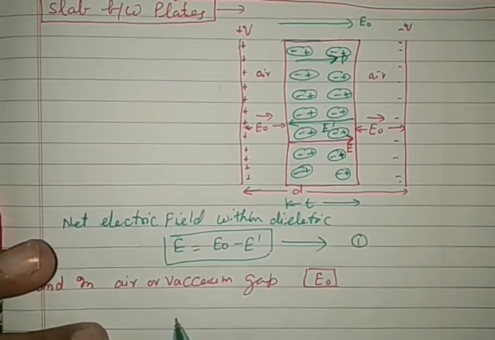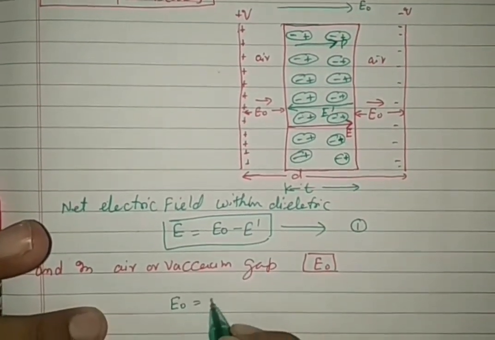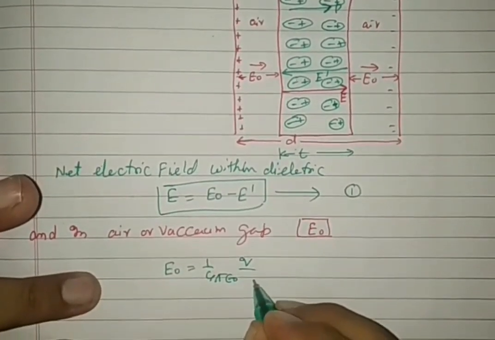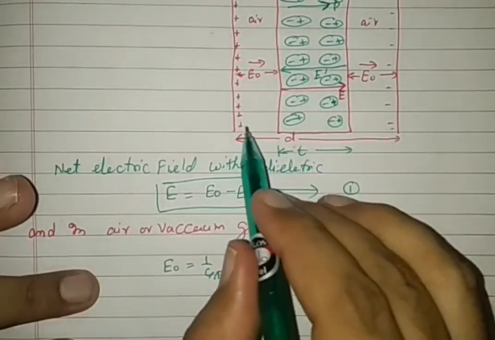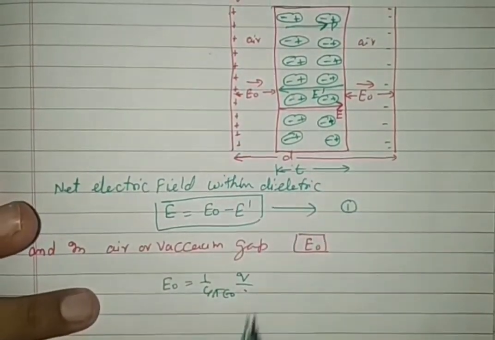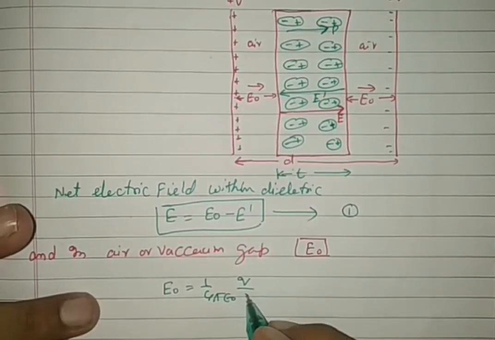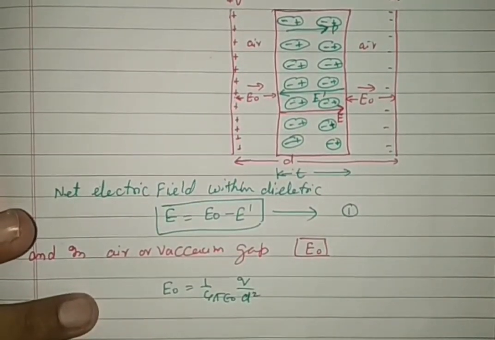Since E naught is equal to 1 upon 4 pi epsilon 0 Q by r square, where r is the distance between the plates, and the distance between the plates is given here as D, so D square.